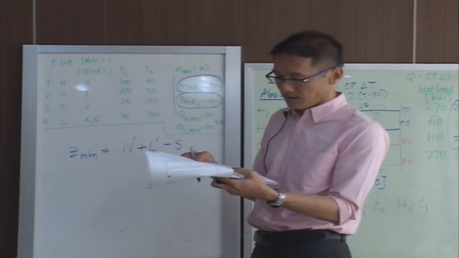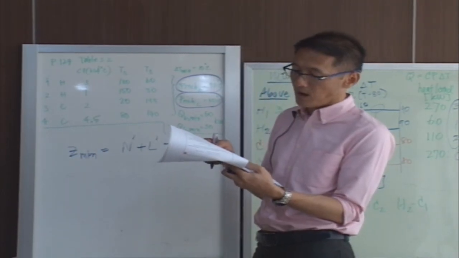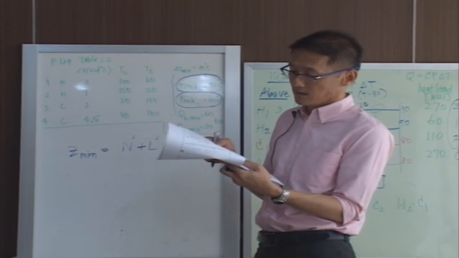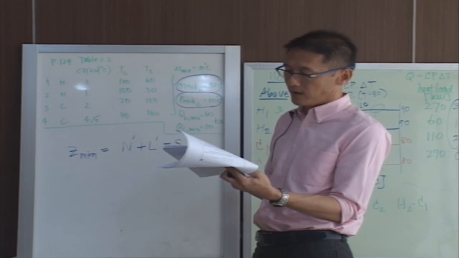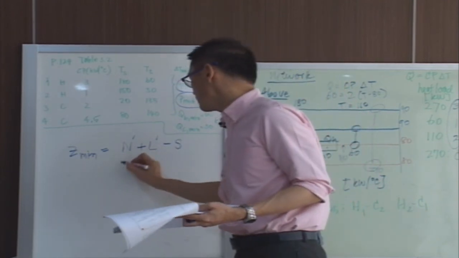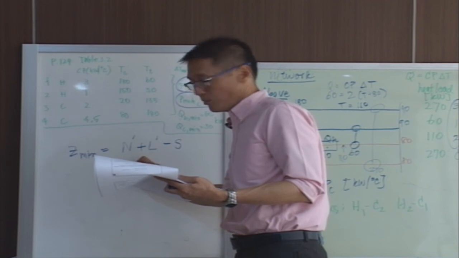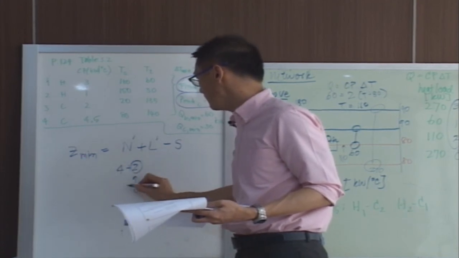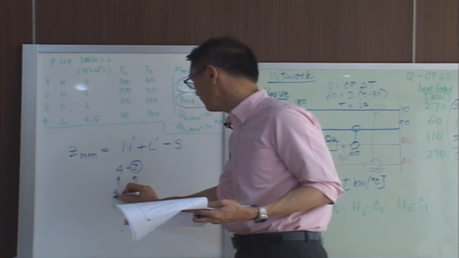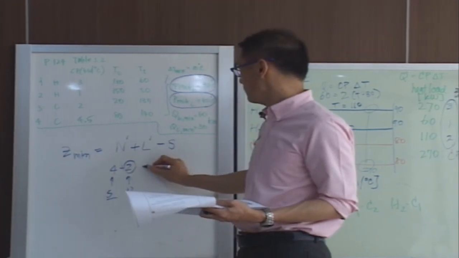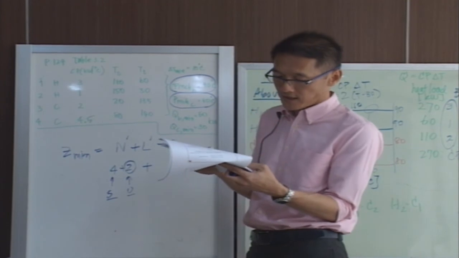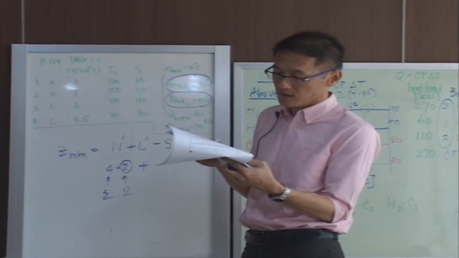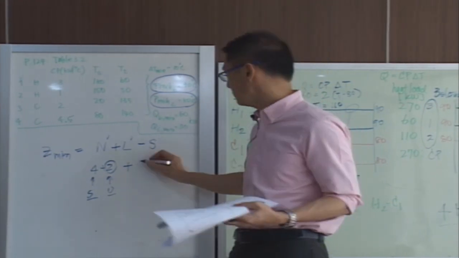N dash is the number of streams including the utility. So what I have is including the utility. So what I have is 4 plus 2. Of course, this utility, this is the 4 stream. Plus L dash. L dash is the internal loops.